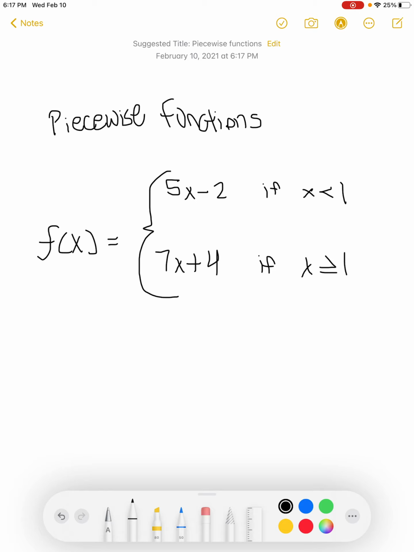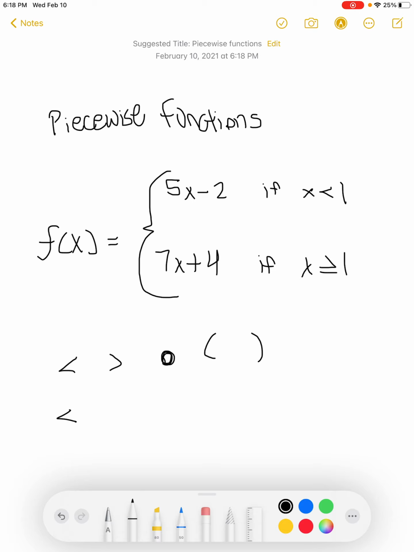Now, to review, when you have the greater than and less than signs with nothing under them, then you will use the open dot. Open dot means it's not including the dot that it's on, and that means you will use parentheses when stating the domain and range.